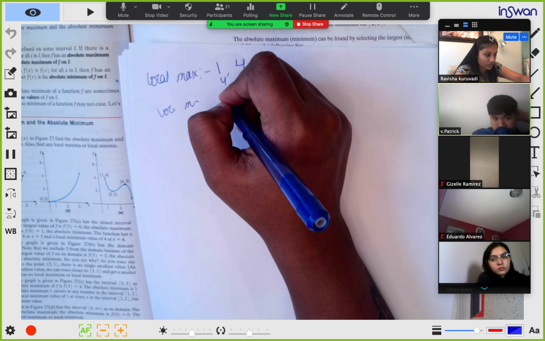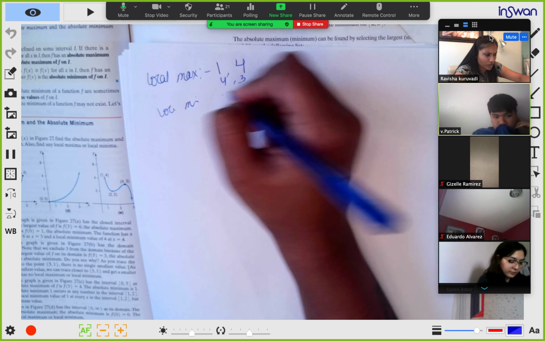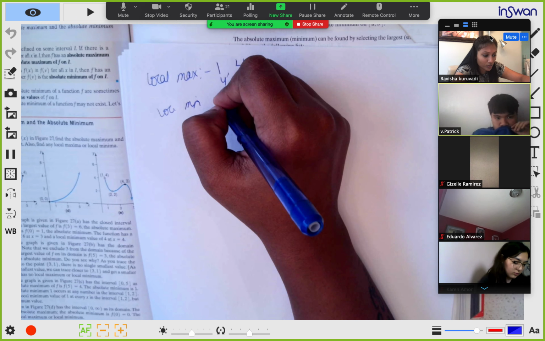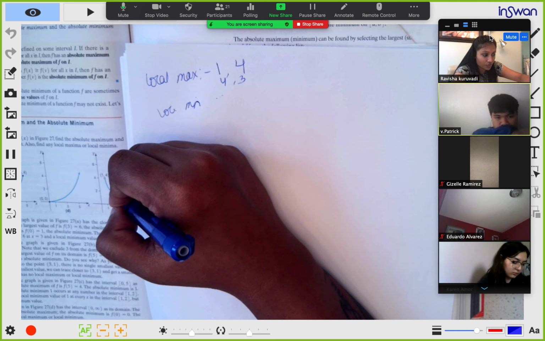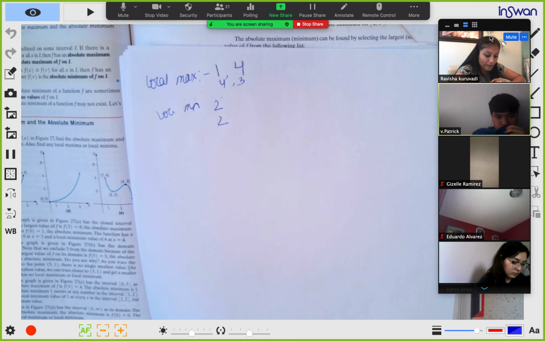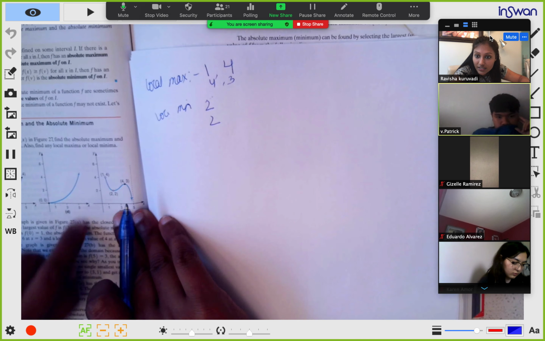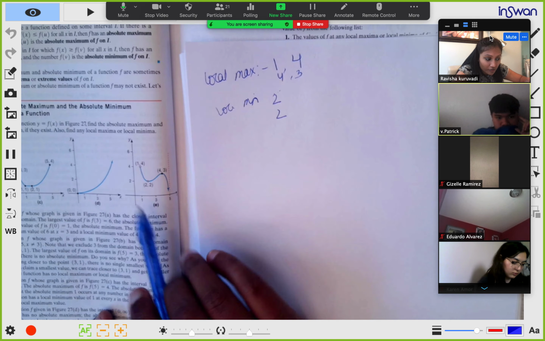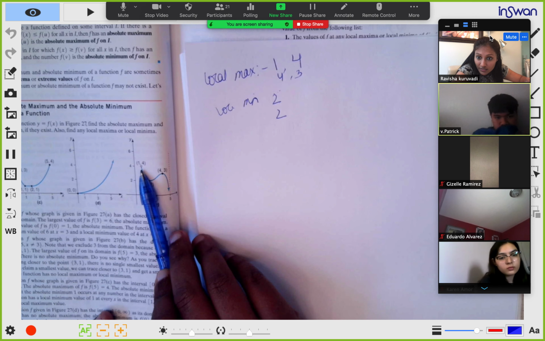You're saying local minimum is what? So local minimum is the down of the hill. It is 2, 2, right? Oh, 2, 2. Sorry. Can you see in this example, it's not clear that it's an open circle. Do you see the circle is not colored?